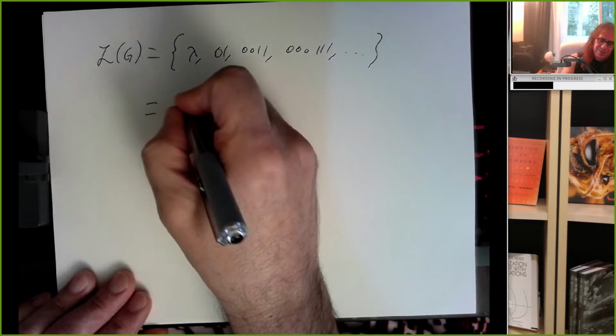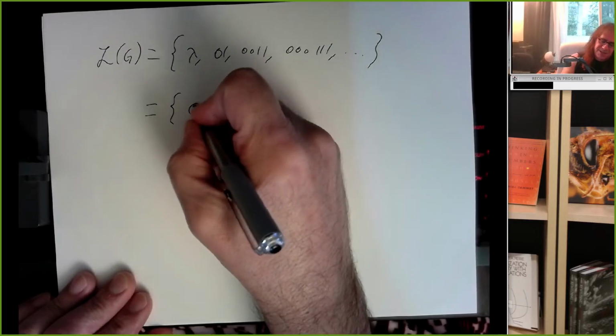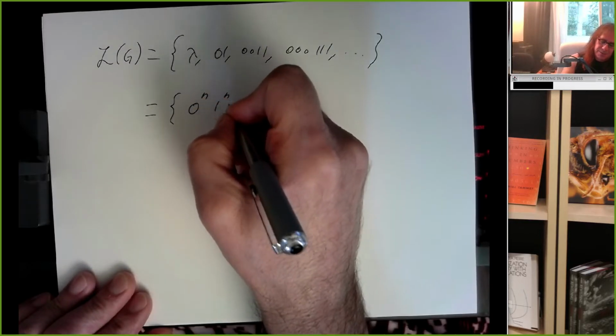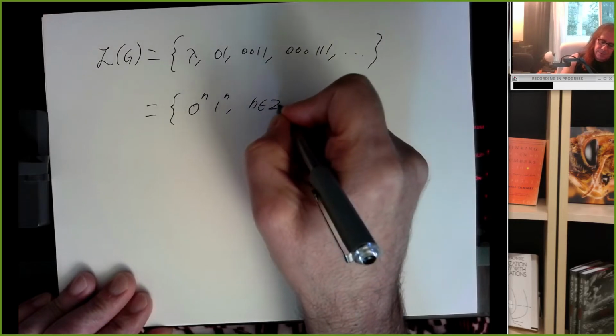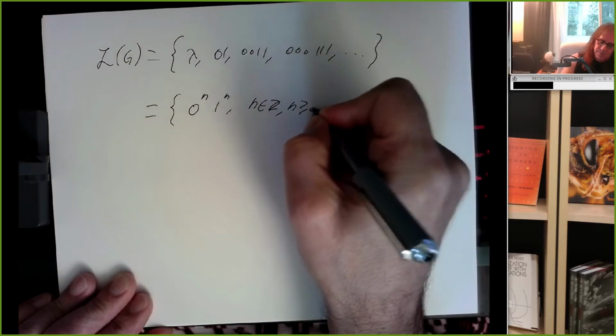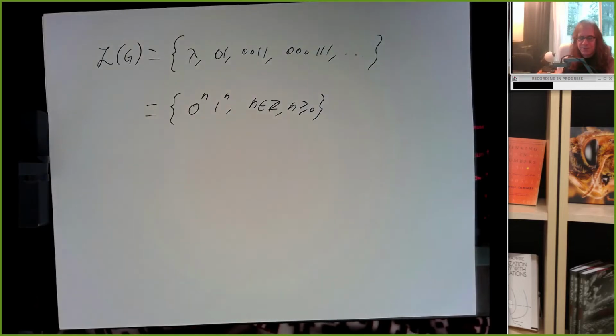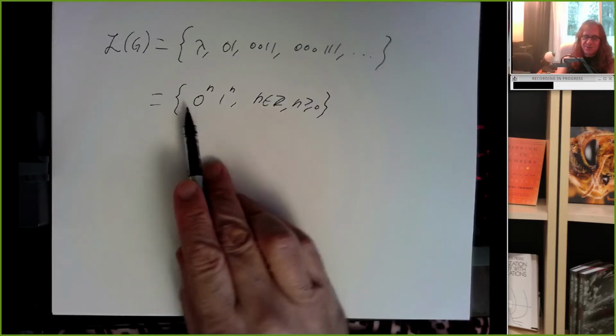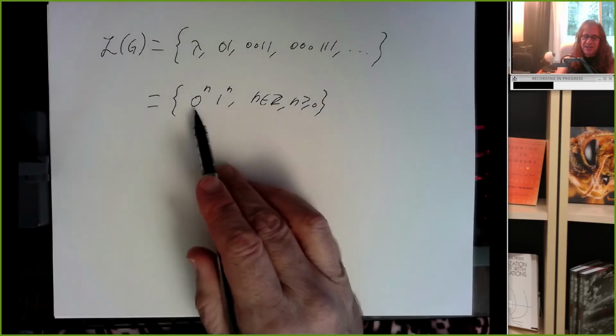And we can paraphrase this as 0^n 1^n, where 0 to the n means n copies of 0.